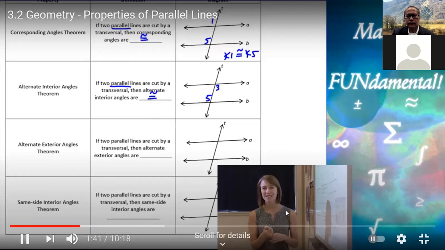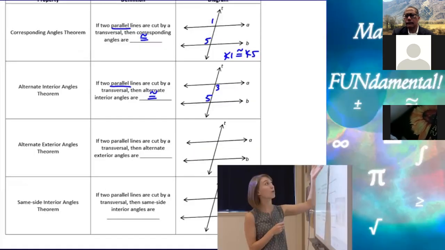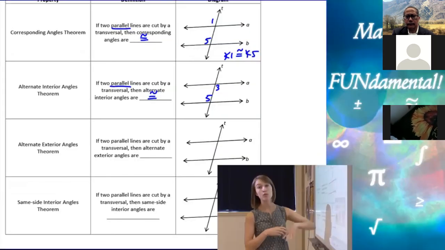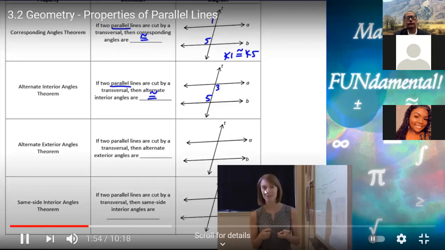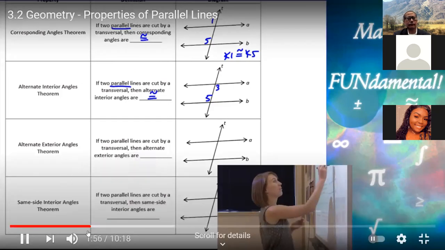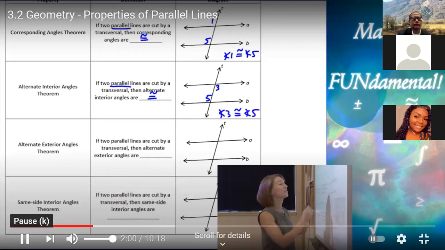If we look at the sides of those angles on the diagram, they both look obtuse, as opposed to both being acute or one being obtuse and one acute. Look at the sizes if you don't remember exactly what the theorem says. So here we have angle 3 is congruent to angle 5 because of the alternate interior angle theorem.